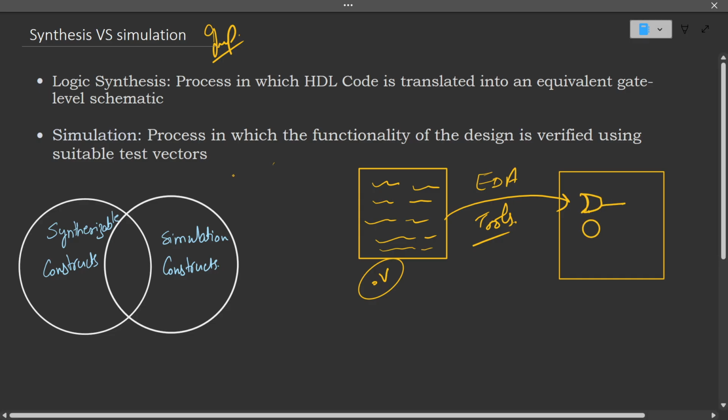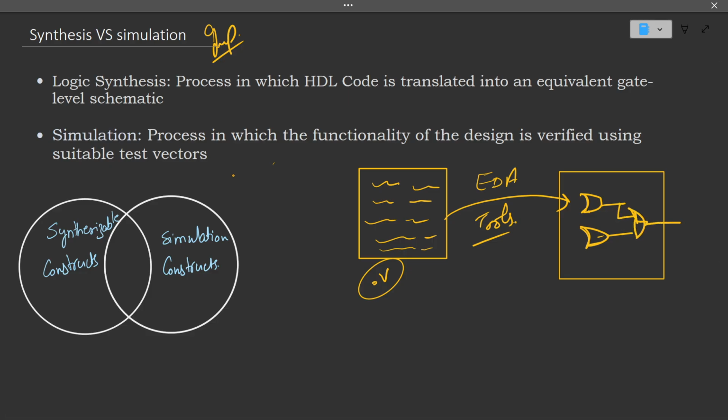How will this design actually come into existence? Let us say any circuit is there. How is this code, this textual representation, turned into a gate level representation?